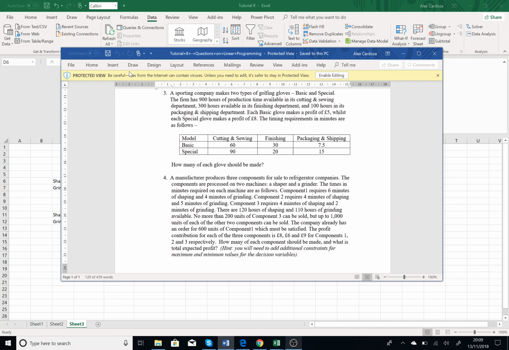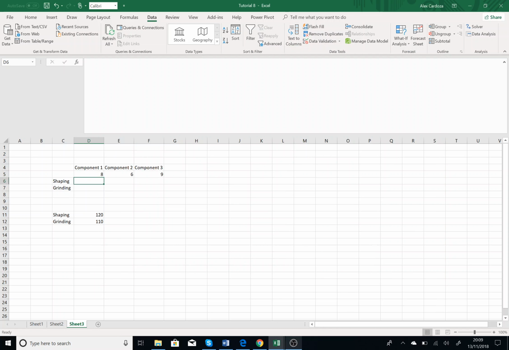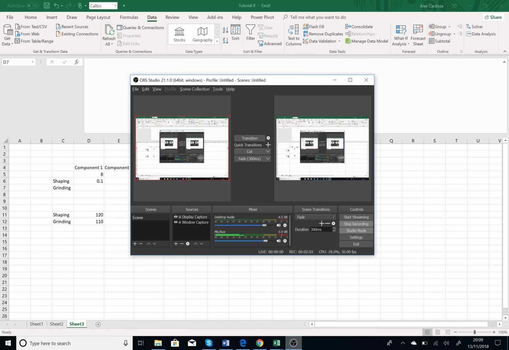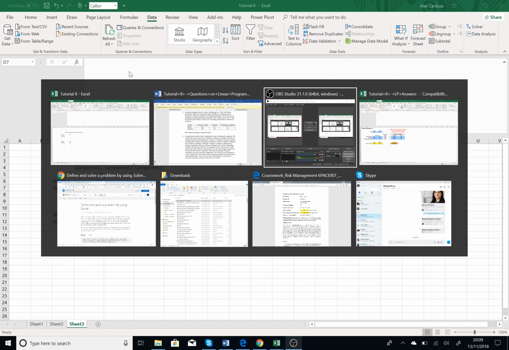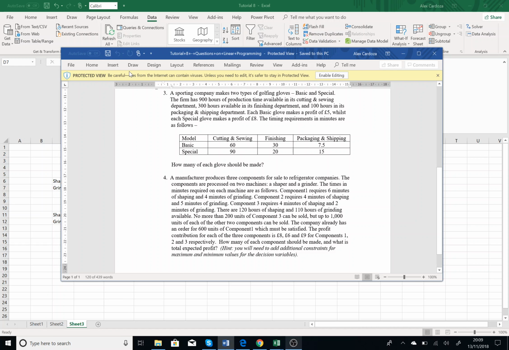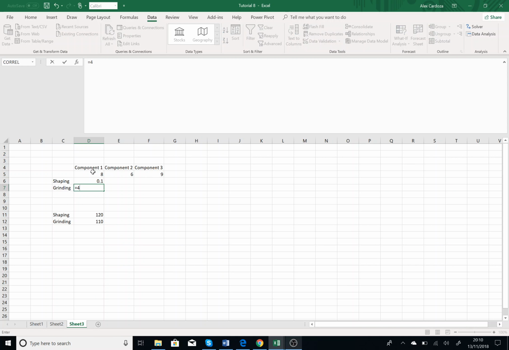Component 1 requires 6 minutes of shaping, so we do 6 divided by 60. And 4 minutes of grinding equals 4 divided by 60.